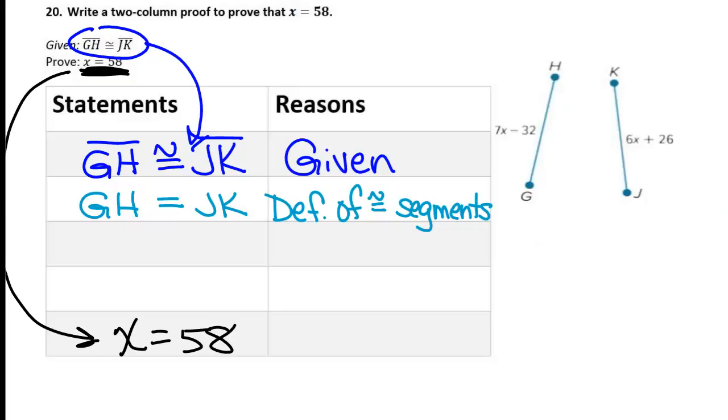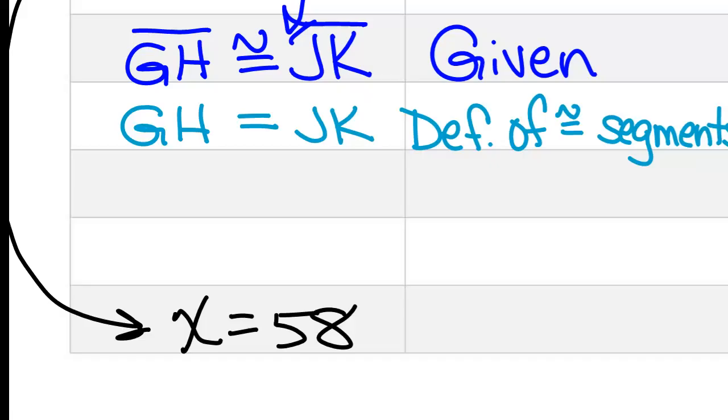That's good. The other thing that I notice about where I'm trying to go, it's got an X and it has a number. I don't have any X's or any numbers here yet. Where can I get some X's and numbers from? From the picture. What could I put in the place of GH? 7x minus 32.